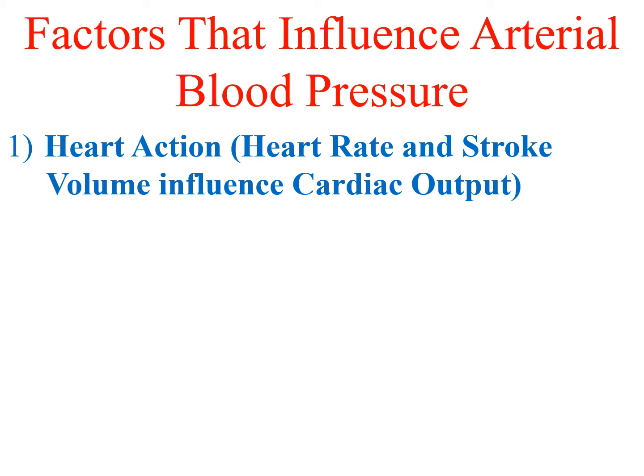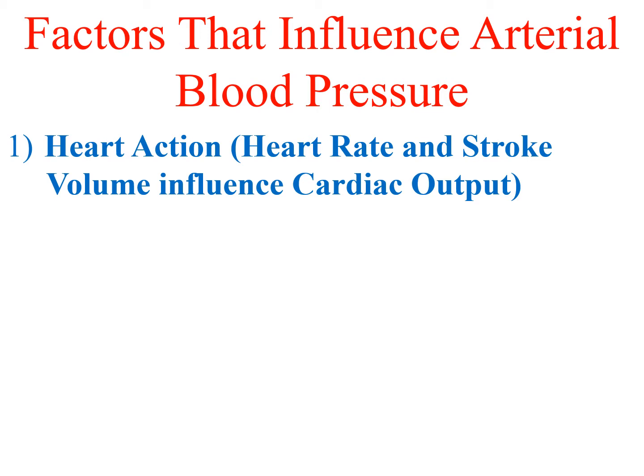So obviously one important factor that impacts blood pressure is how the heart is functioning. And so we need to define a couple terms here, one of which is heart rate. That's nothing more than the number of beats per minute, which for the average adult is probably somewhere between 60 and 90.